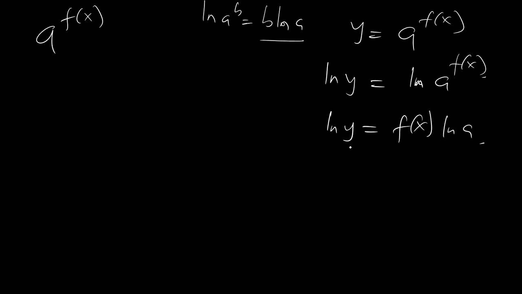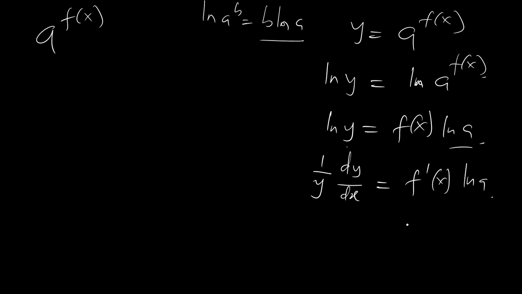Now, if we differentiate this with respect to x, you have 1 over y dy over dx. Differentiating the right side with respect to x, you have f prime of x ln a. This ln a is a constant, so we don't differentiate it.